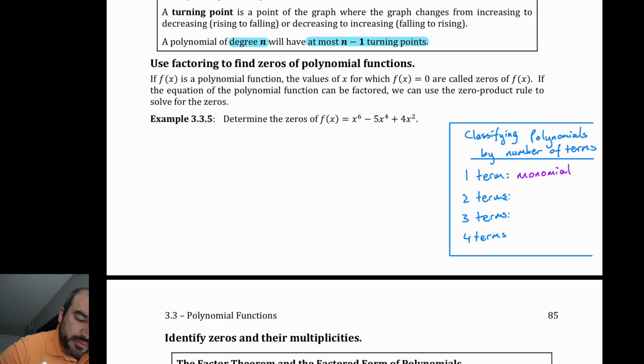A 2-term polynomial is going to be called a binomial. A 3-term is going to be a trinomial. I guess I should call this last one 4 plus terms.